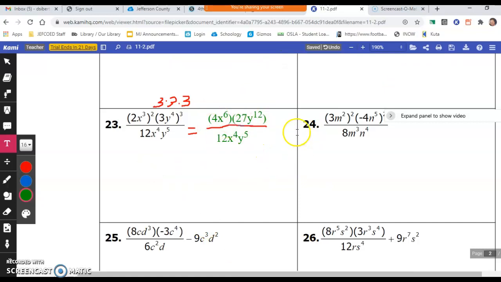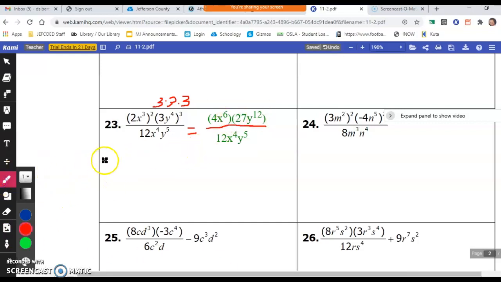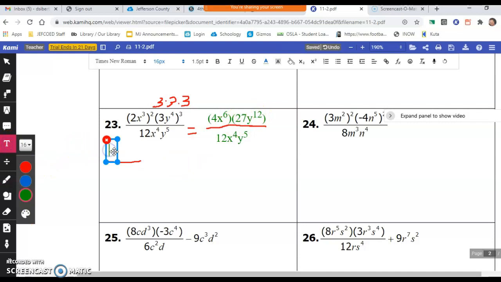Now, looking right here with this expression, what 2 rules do we have left? Quotient and product, okay? All right, so here we're going to simplify the top with the product rule. So 4 times 27 is going to be what? 108.